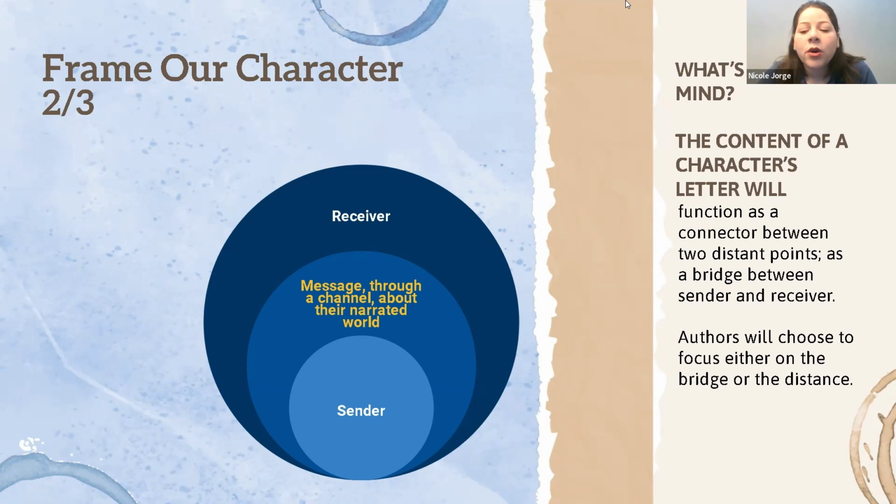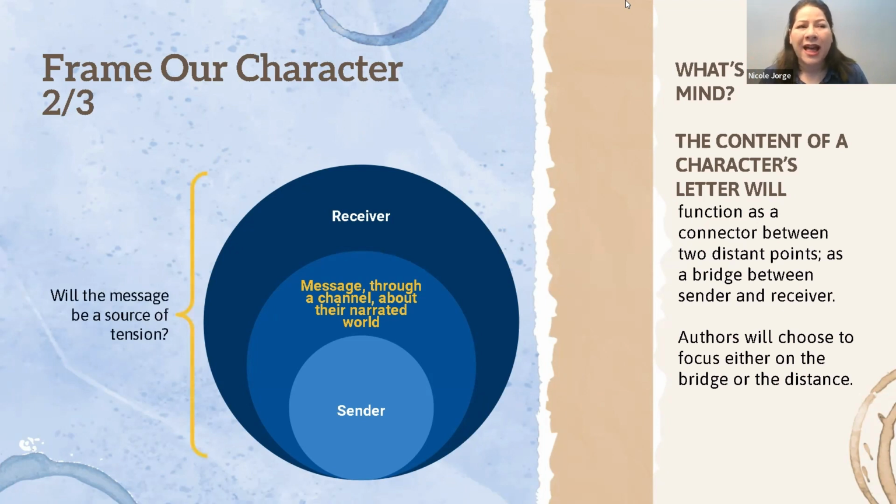So the next bit is, if you've realized why your character is choosing to write, and you've figured out what the content of their letter will be, then do you want this letter to be a source of bringing them together, or do you want to separate them even further? And when we think about it, how will the letter in itself be a source of tension?